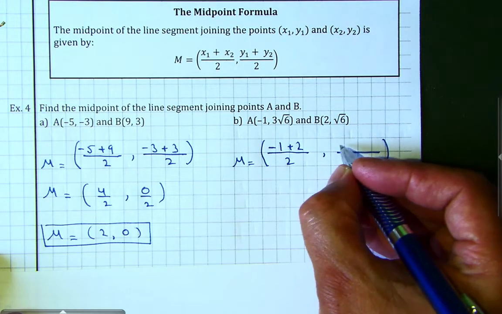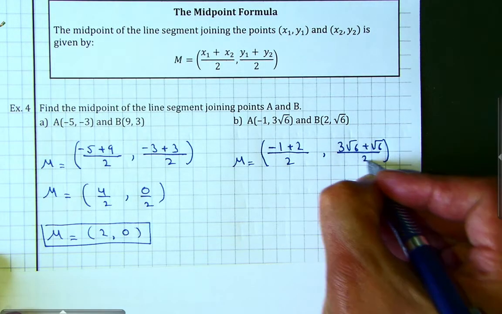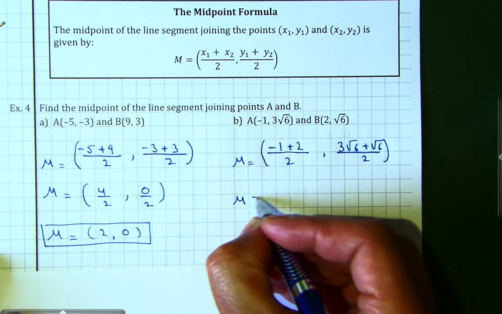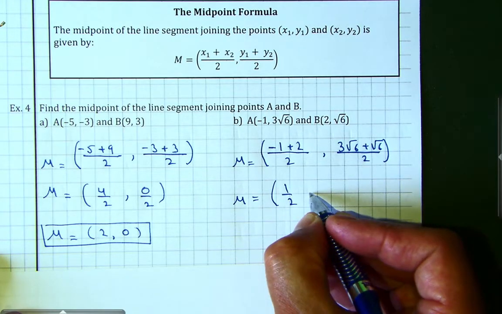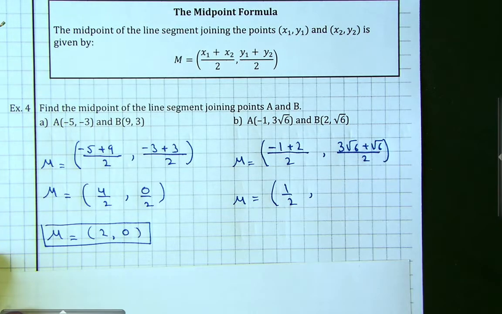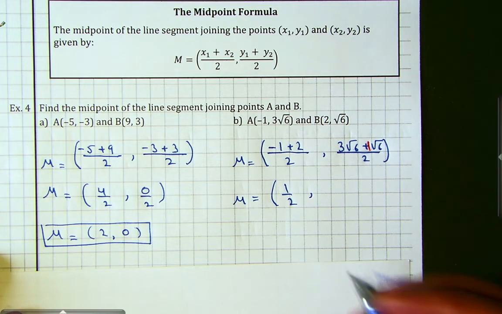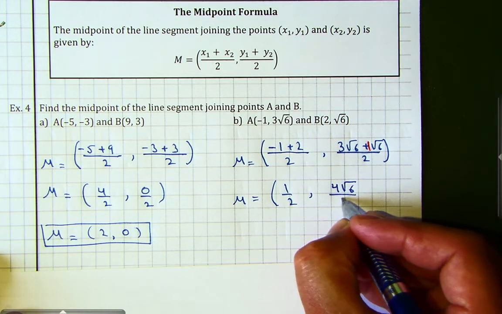The average of your y's will be 3 square root of 6 plus the square root of 6 divided by 2. That gives me 1 divided by 2. And 3 square root of 6 plus square root of 6 will give me 4 square root of 6. Remember, there's a coefficient of 1. So 3 plus 1 will give me 4 square root of 6 divided by 2.